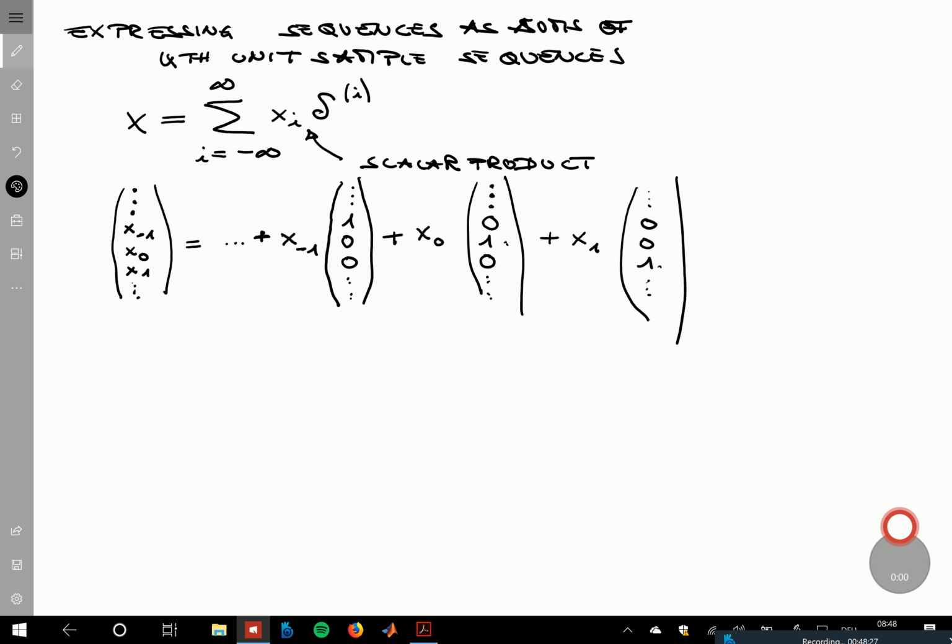And then we can add these sequences, and then we get this sequence back. Yeah. So this is my interpretation of what it means to express a sequence as the sum of kth unit sample sequences. So we are adding the scalar multiples of, in general, infinite unit sample sequences, and the scalar products are formed with the elements of x. And then if we have these infinite sequences that at their respective entry have exactly the same entries as x, and if we add them, then we get this back.